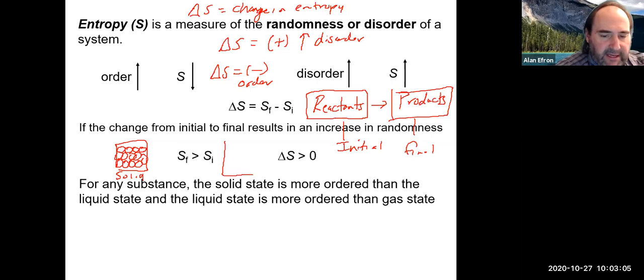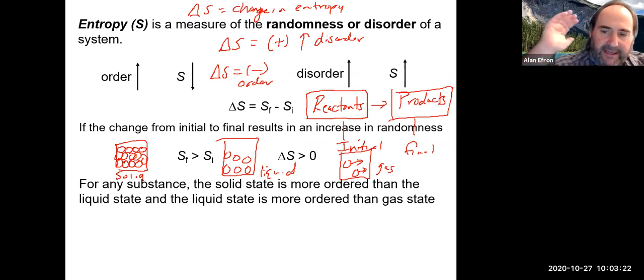In the liquid state, still packed in relatively tight to each other, but a little bit more room for movement, which is why obviously liquids are fluid. And obviously when we get to the gas state, nobody is packed into each other, they're flying around. So when we hit the gas state, there's a lot of disorder happening, right? We got a lot of molecules flying around, moving around, creating a lot of disorder.